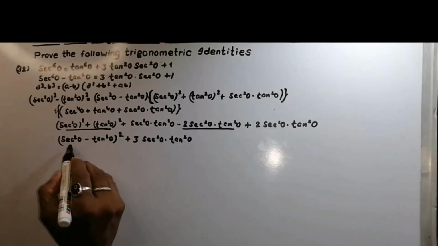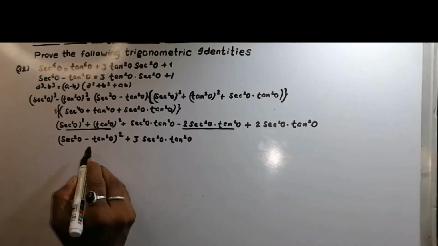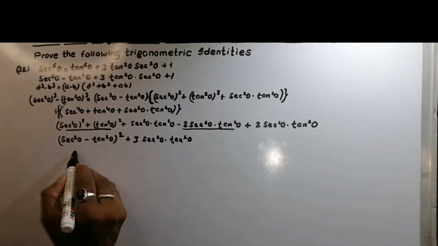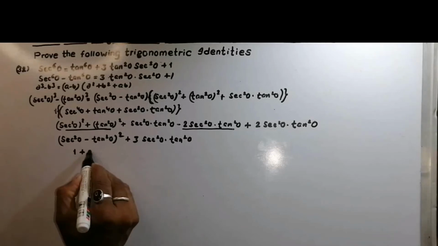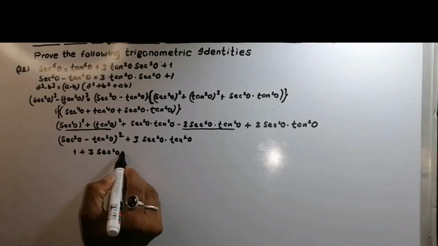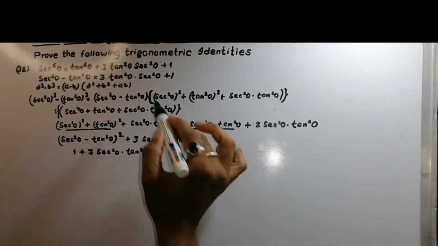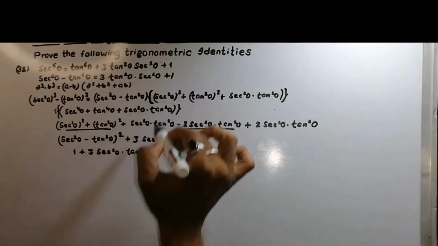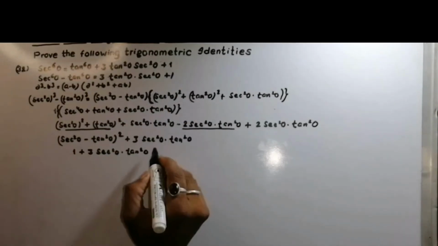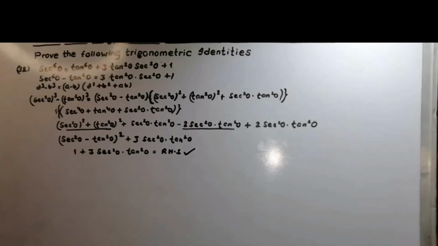Now we know that sec square theta minus tan square theta whole square means 1. We can write 1 plus 3 sec square theta into tan square theta, which is equal to the right hand side. Hence it is proved.